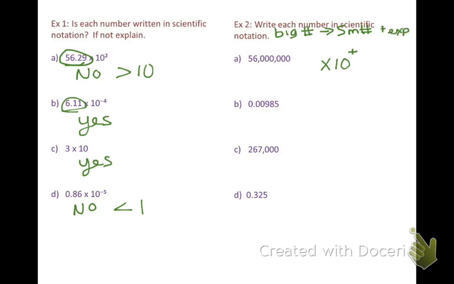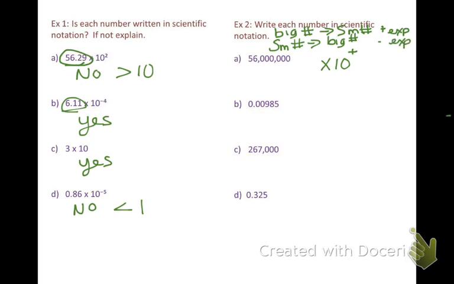So what do you think is going to happen if I went from a smaller number to a bigger number? What do you think the exponent's going to be? Okay, if I go from a big number to a small number, I'm going to have a positive exponent. What would happen if I went from a smaller number to a bigger number? Negative. Very good.